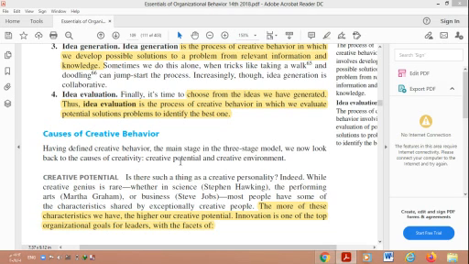People who have a package of traits and characteristics are more potential for creativity.